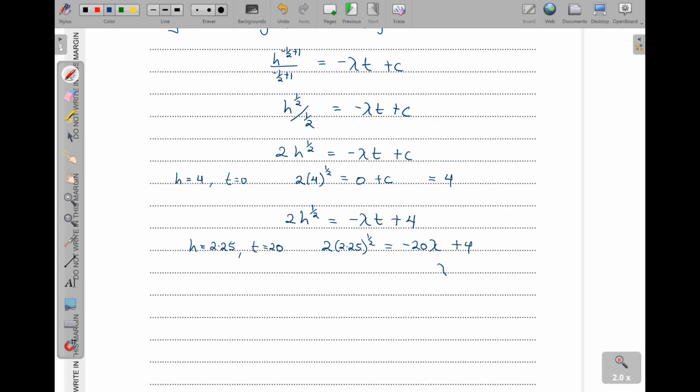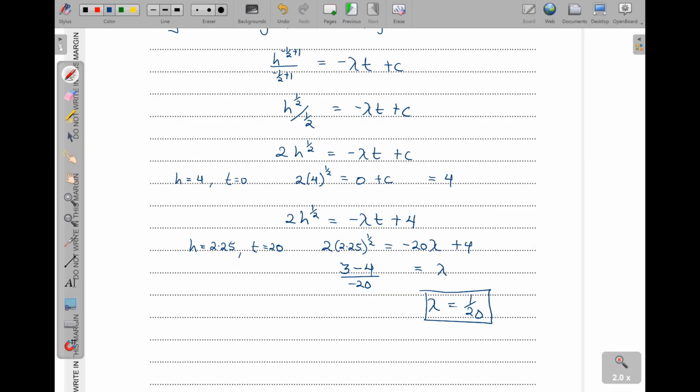So what will be our lambda? So square root of 2.25, that is 1.5. 1.5 times 2, this one will give us a 3. Then you bring the 4 this side, and now divide through by negative 20. So that means lambda is 1 over 20.